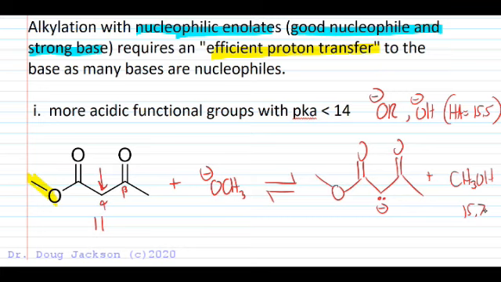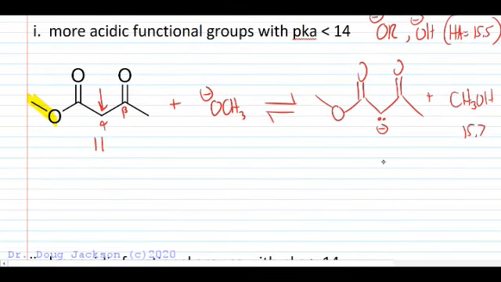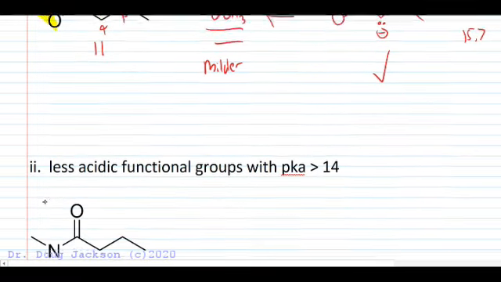For hydroxide and alkoxides, yes, they're caustic. They can damage your skin, eyes, whatnot. Protective equipment is necessary, but it's safer to use than LDA, which we're going to look at next. So this is a good, efficient transfer. We can use a milder, safer base than we're going to see next here.